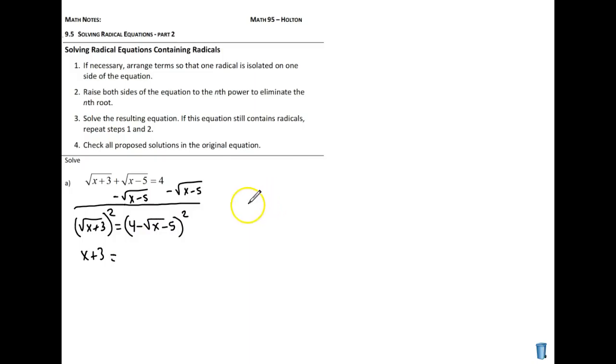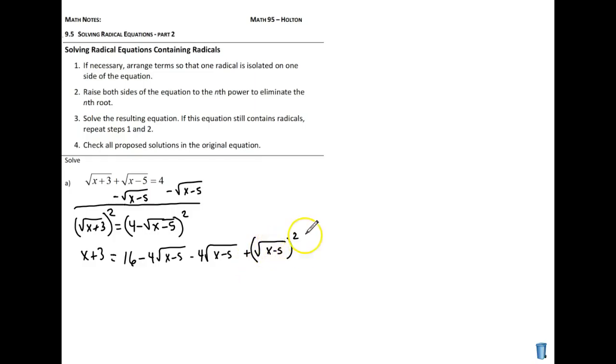But on this side, remember, what I'm doing is 4 minus the square root of x minus 5 times 4 minus the square root of x minus 5. So I get 16 minus 4 square root x minus 5 minus 4 square root x minus 5, and then plus square root of x minus 5 times the square root of x minus 5, which is the square root of x minus 5 squared, so that looks like this.